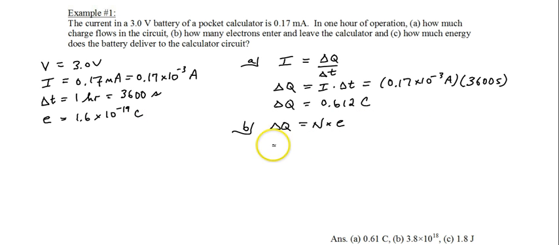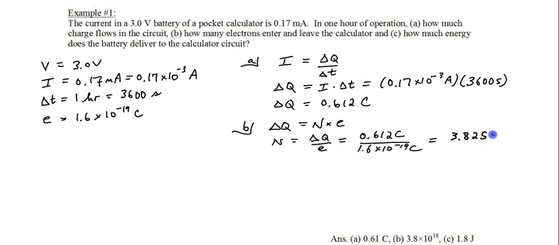So if we're looking for the number of electrons, we would take that net charge and divide by the charge of an electron. So that would be 0.612 coulombs divided by 1.6 times 10 to the power negative 19 coulombs, and that will give you 3.825 times 10 to the power of 18 electrons.